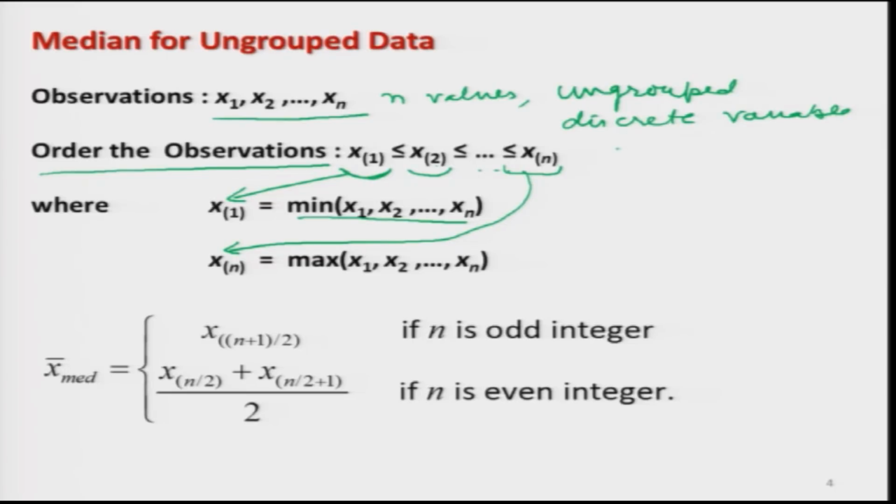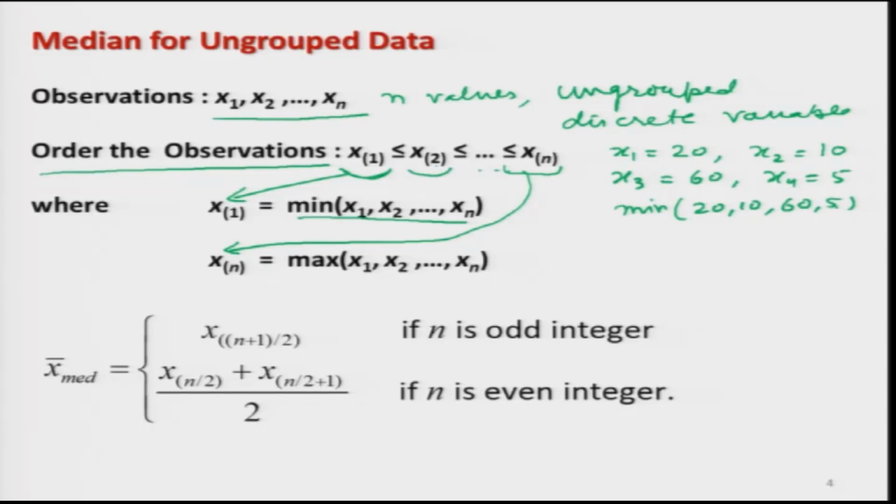What does this mean? Suppose I take 4 observations, say x1 is equal to 20, x2 is equal to 10, x3 is equal to 60 and x4 is equal to 5. Now, these are the 4 values. So, I find the minimum value among 20, 10, 60 and 5.